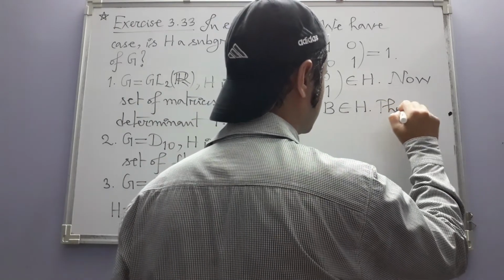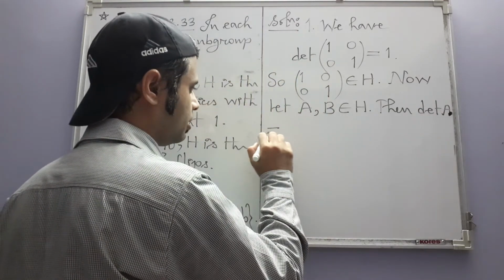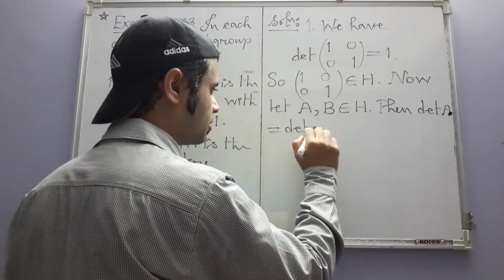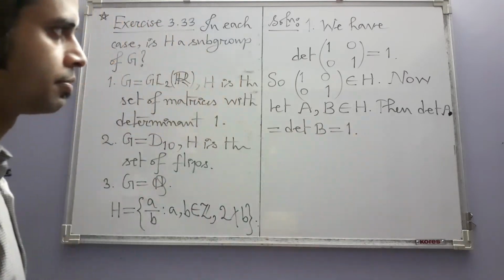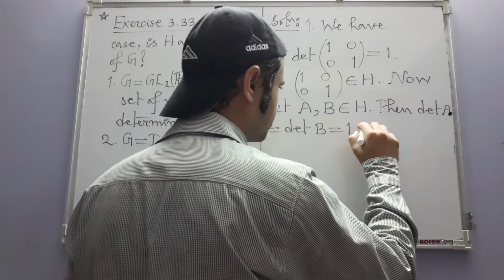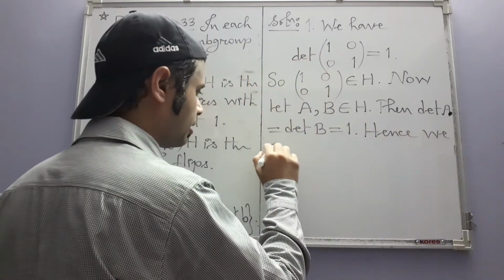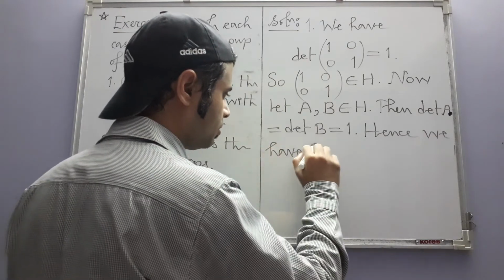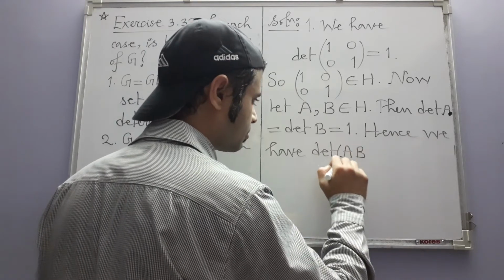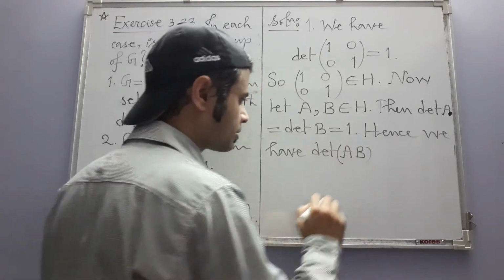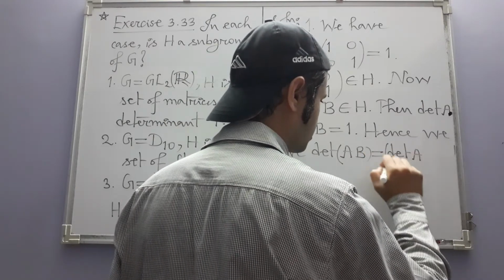Then determinant of A is equal to determinant of B is equal to 1. Hence, we know, or we can easily show, that the determinant of the product AB is equal to the product of the determinants.